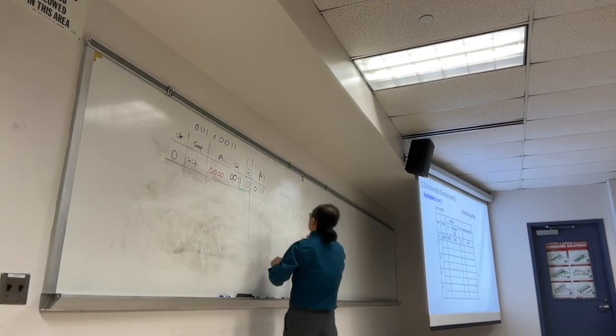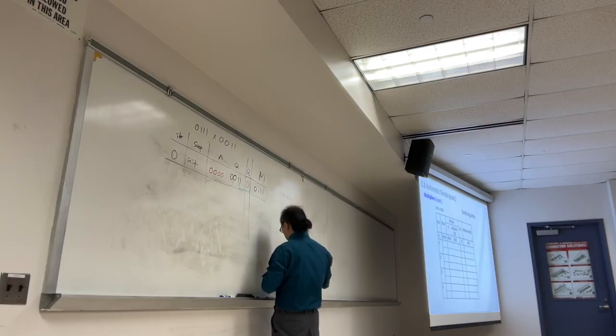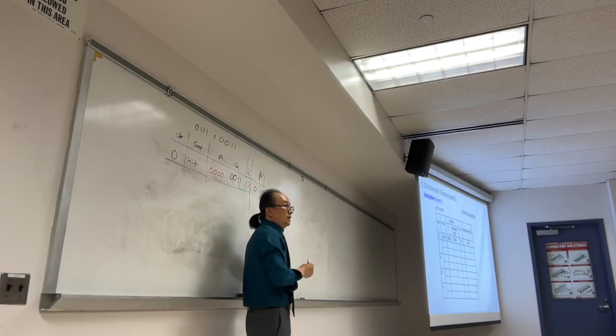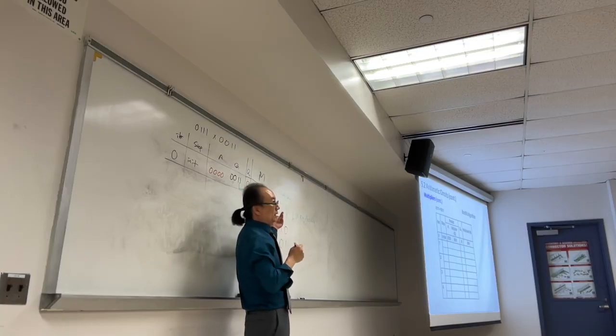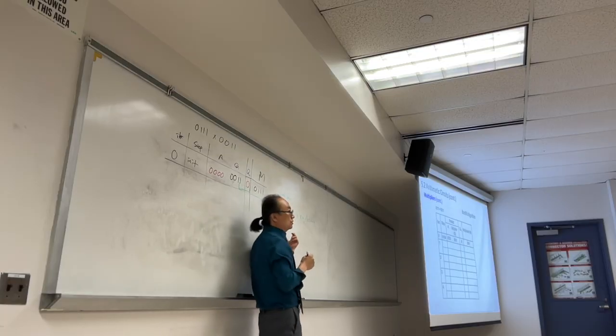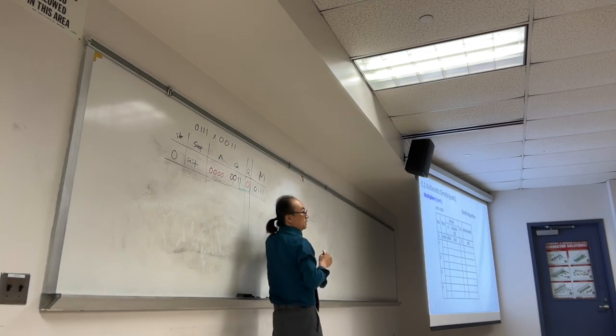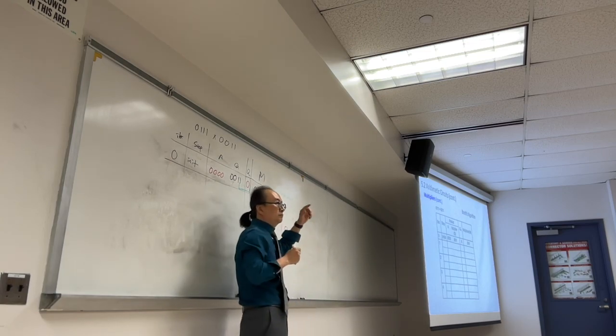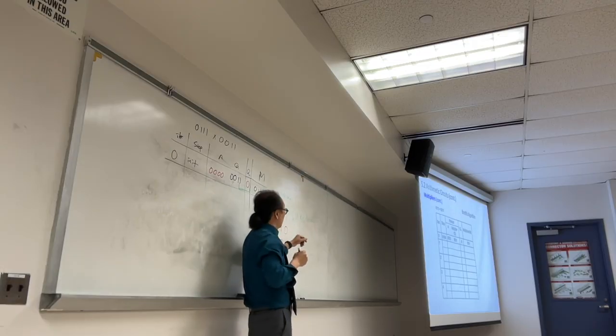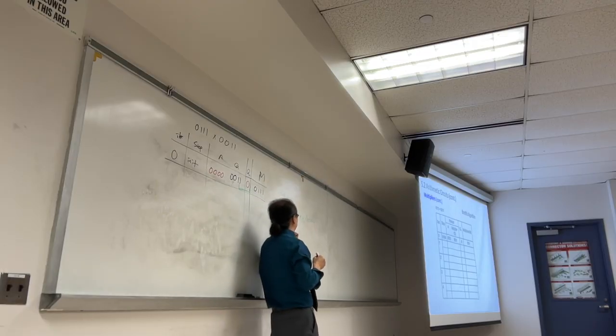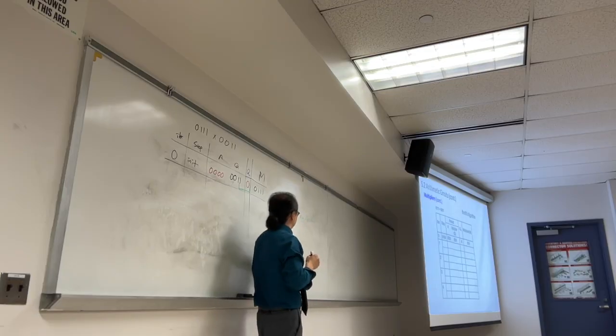However, if we have a 1, 0 or 0, 1, those are the 4 different cases with the 2-bit binary number: 0, 0, 0, 1, 1, 0, 1, 1. If you have 0, 0 or 1, 1, they are the same, so no action is required. Just copy down. However, if we have a 1, 0, we need to do something. And if we have a 0, 1, we need to do something.